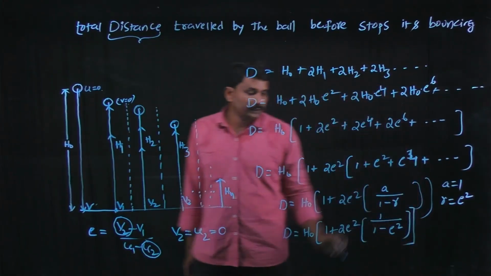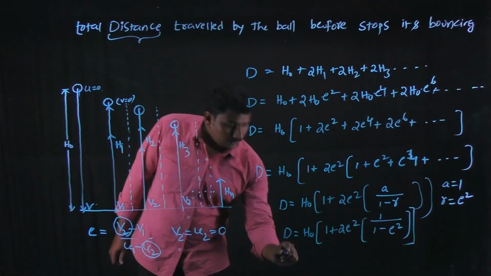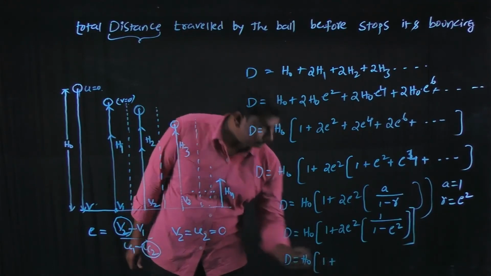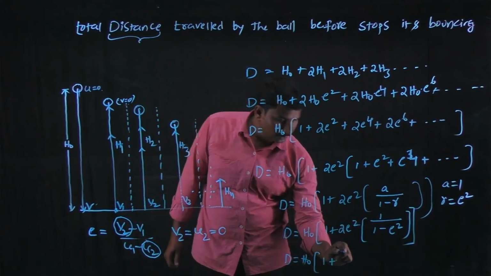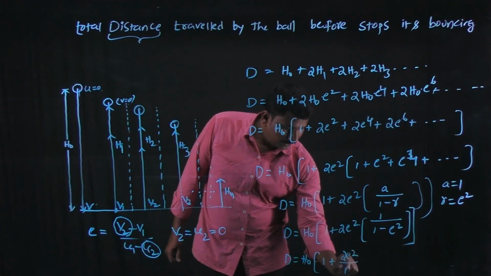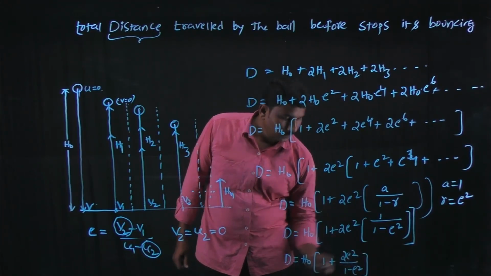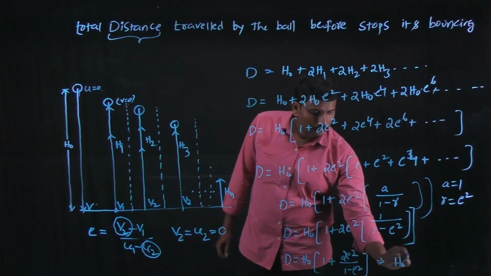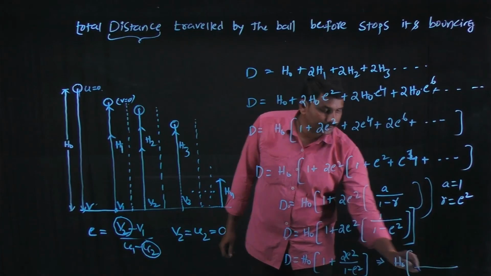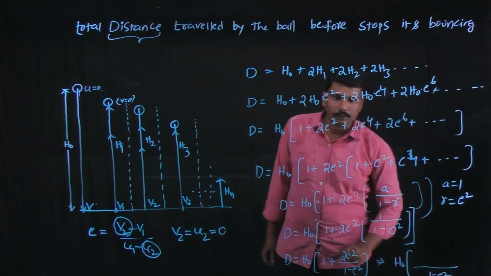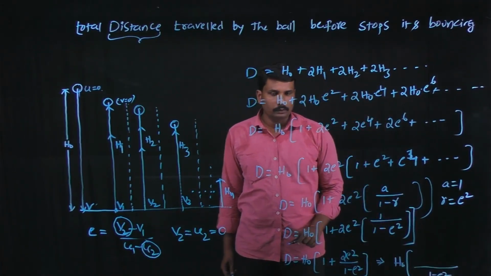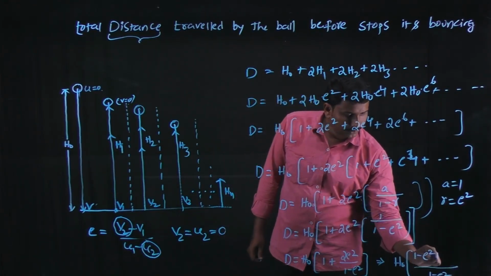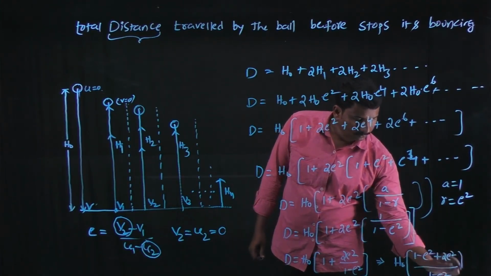On solving this, d equals to h naught into 1 plus 2 e square by 1 minus e square. This implies here 1 minus e square is the LCM. 1 minus e square into 1, 1 minus e square plus 2e square.